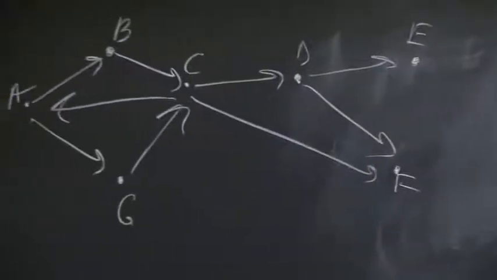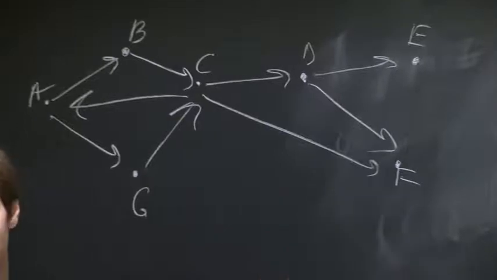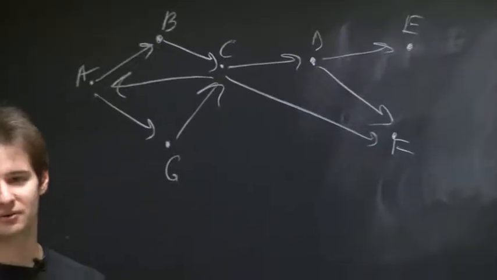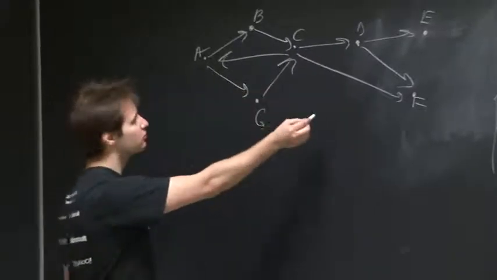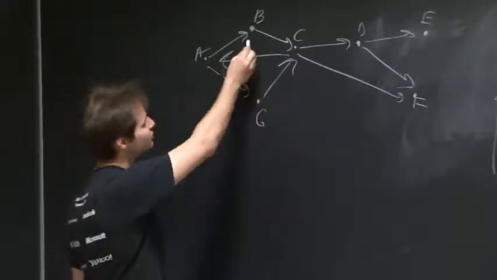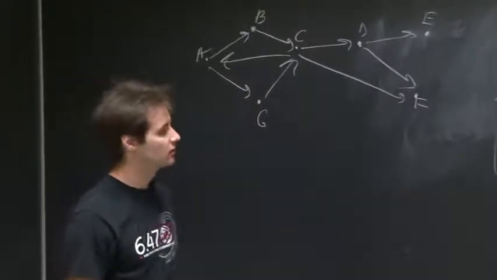So it can't get to A. Yep. So the nodes that I have in the list are the nodes that are reachable from that node. I have an edge from B to C, so C is reachable from B. I do not have an edge from B to A because my edges are directed, so A is not there.